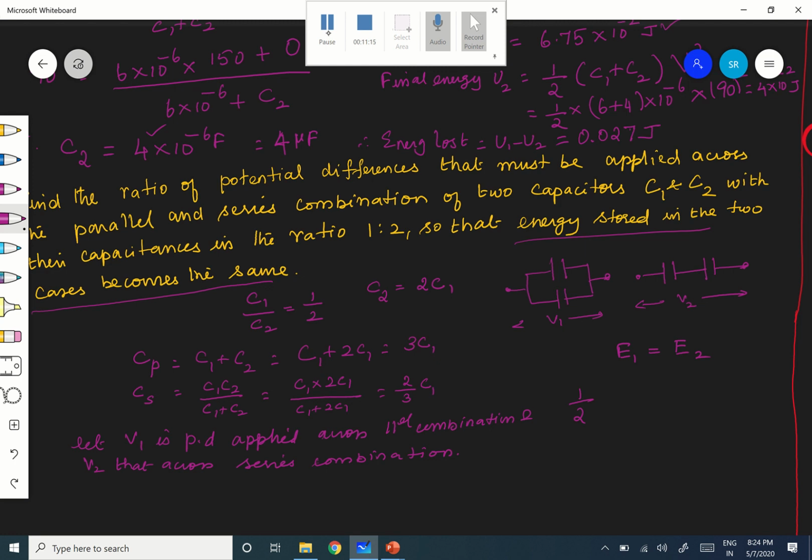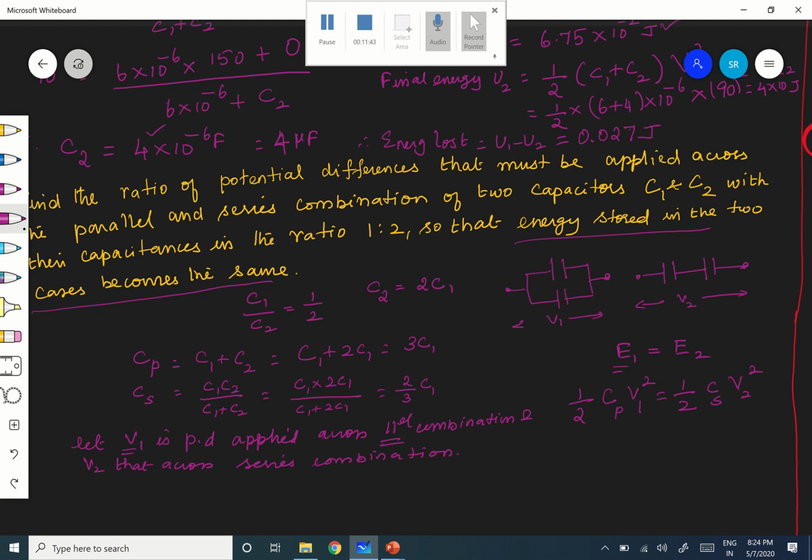In the parallel combination, what is the energy? It is half CV squared. Therefore half CP V1 squared. V1 for parallel. E1 is the energy stored in the parallel combination, E2 is the energy stored in the series combination. But it is given that both are the same. Therefore half CS V2 squared.